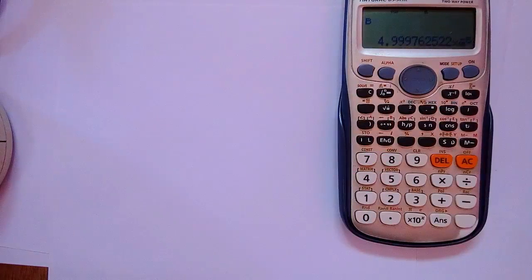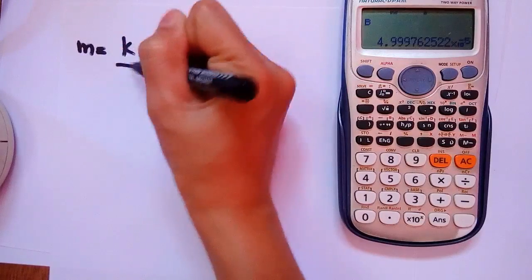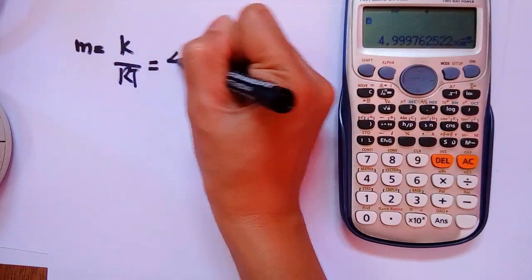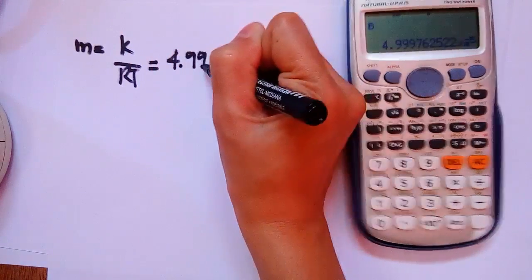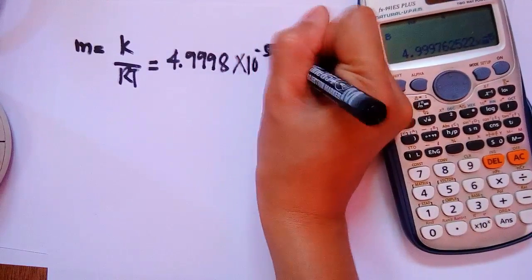So m equals k over RT equals 4.9998 times 10 to the negative 5.